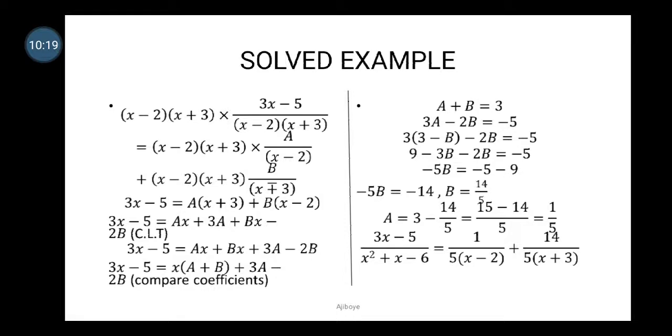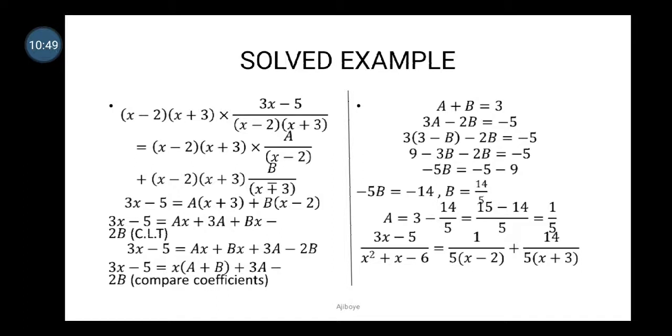We have 3x minus 5 equals ax plus bx plus 3a minus 2b. Therefore, we group in pairs and then factorize. Our 3x minus 5 will now be equal to x open bracket a plus b close bracket plus 3a minus 2b.